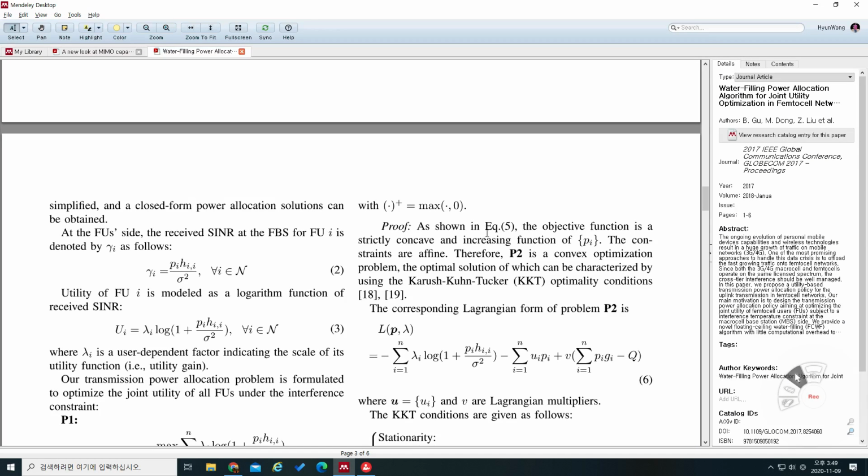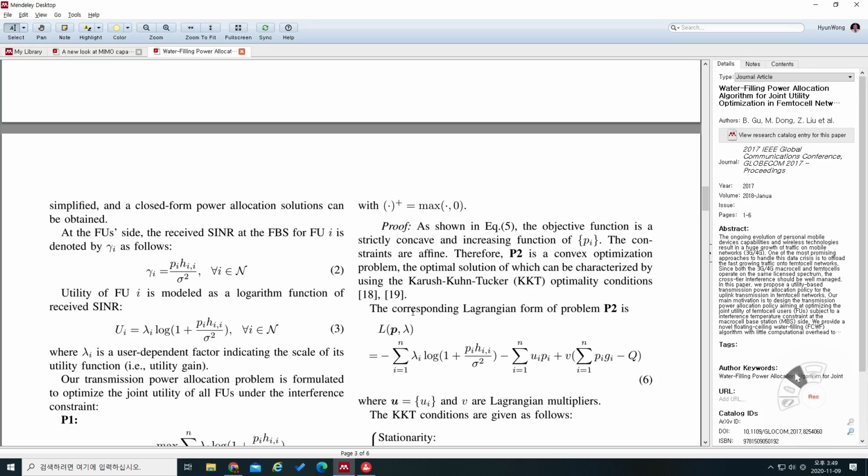In Equation 5, the objective function is strictly concave and increasing in p_i. The constraints are affine. Therefore, P2 is a convex optimization problem, the optimal solution of which can be characterized by using the Karush-Kuhn-Tucker (KKT) optimality conditions [18], [19].